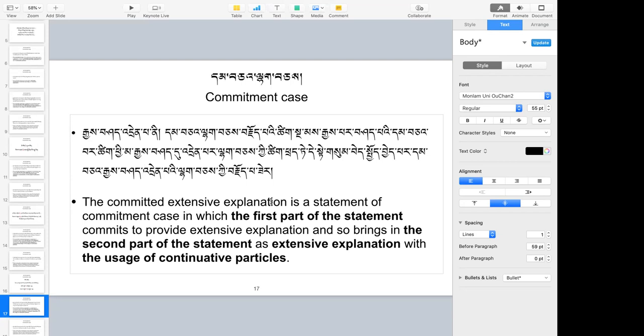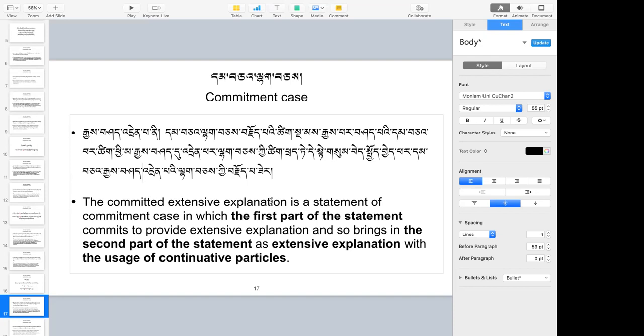Like the first type, where the first part was a claim, so it requires reasoning. The second one was the classification commitment, and the second part was the committed classification.